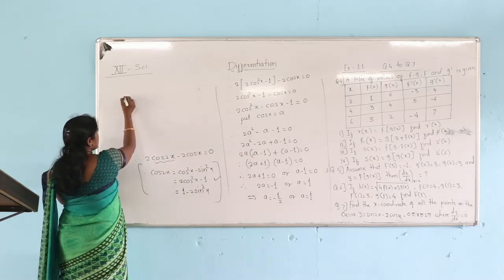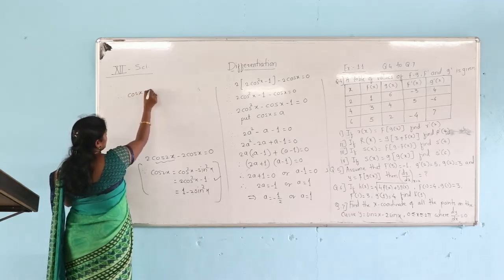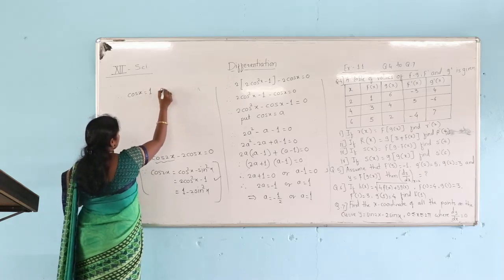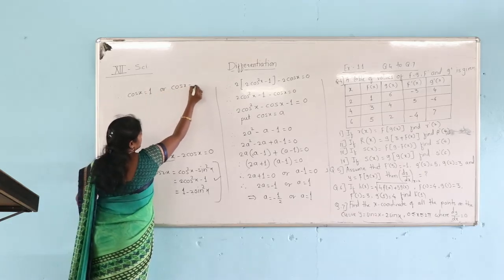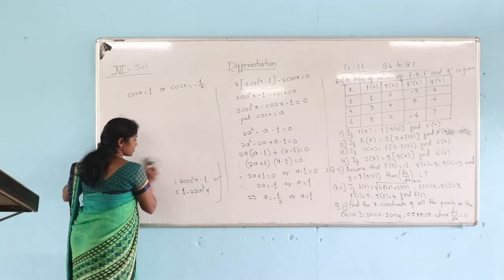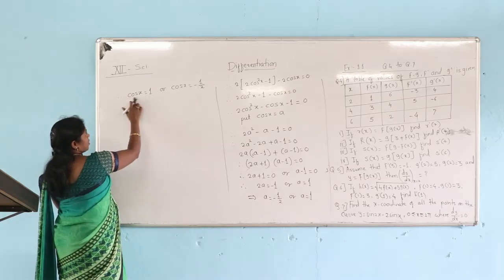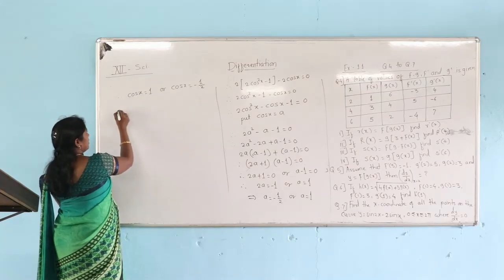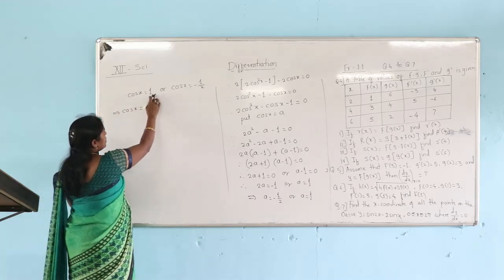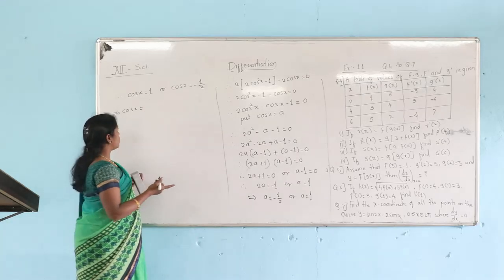Since a is cos x, cos x is equal to 1 or cos x is equal to minus 1 half. From these values of cos x, we will find x. Now cos x is equal to 1. The cos ratio is 1 for either 0 or 2 pi.